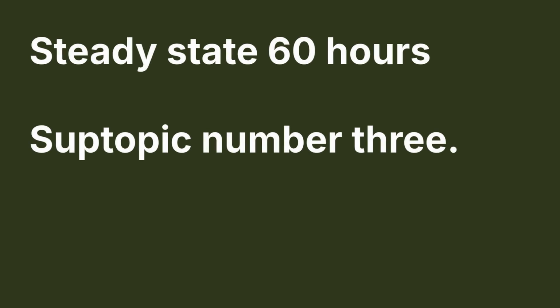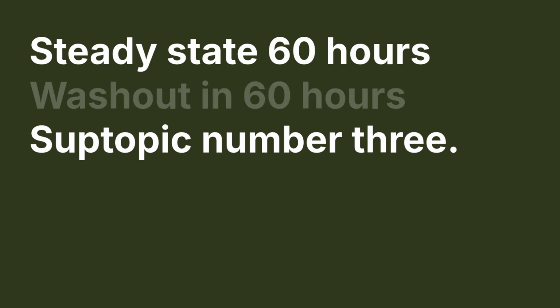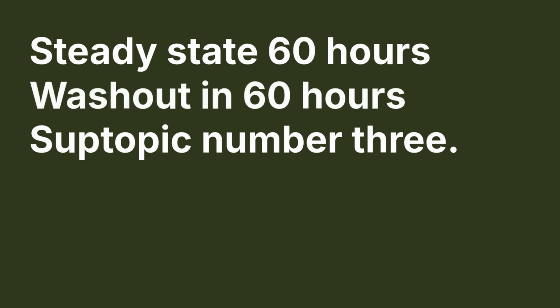A drug with a 12-hour half-life reaches steady state and washes out in about 60 hours or 2.5 days. Amiodarone has a labeled plasma half-life of the order of 50 days. 5 half-lives is 250 days, or roughly 8 months.